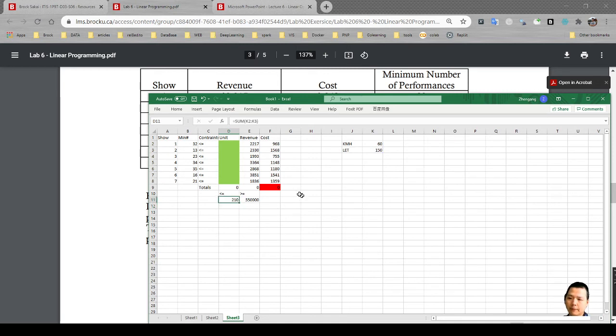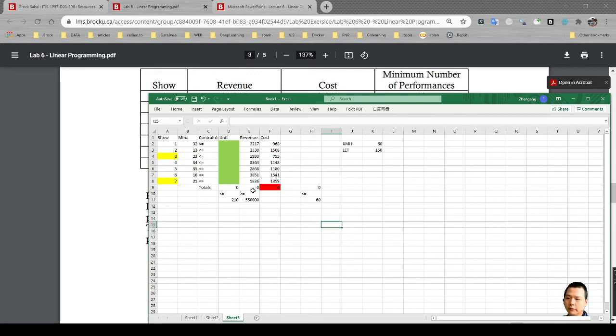Last one would be these two. Let's put it here. So less or equal than this one, and here is number 3 shows plus number 7 shows.